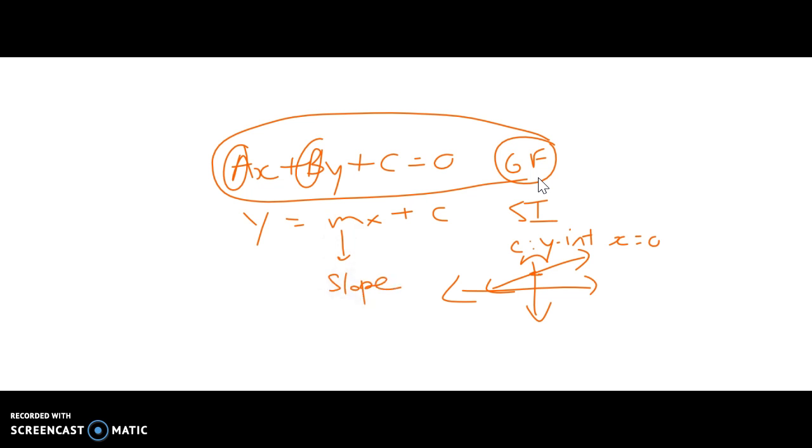Now, if you have something like my plus cx equals 0, I'm just putting this out there, m is not the slope, m is the coefficient of y. The slope is just the coefficient of x when the coefficient of y is 1.